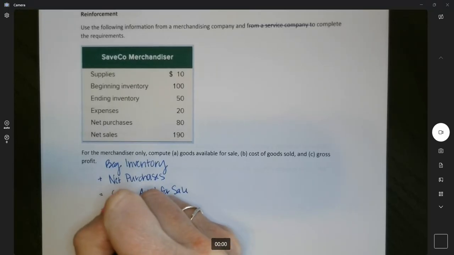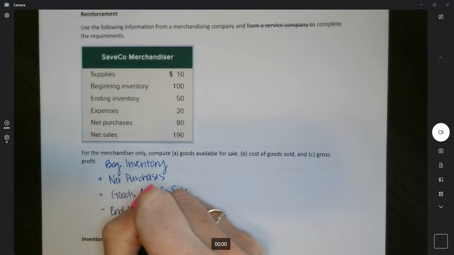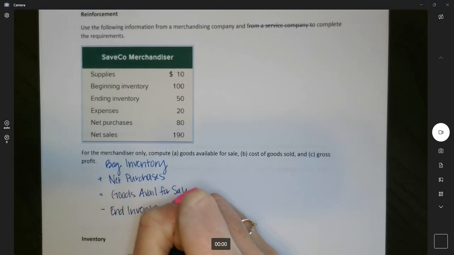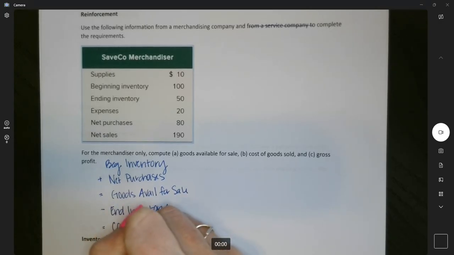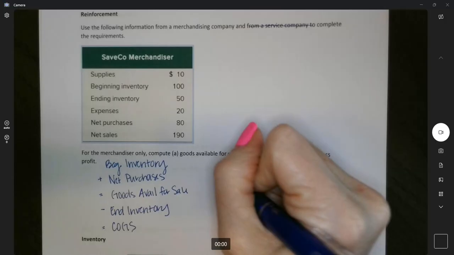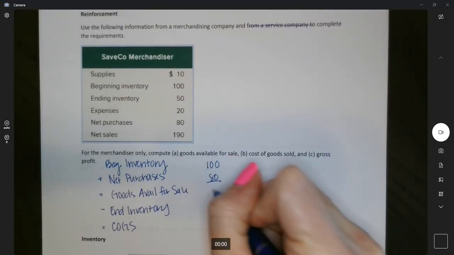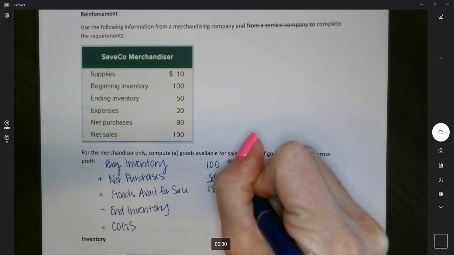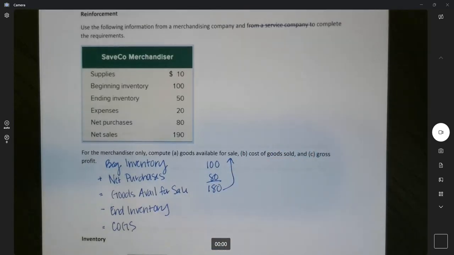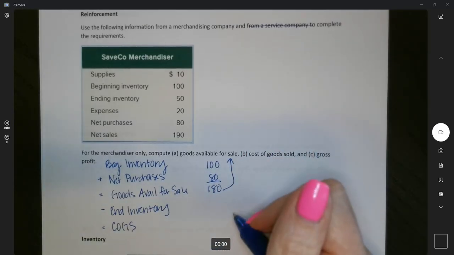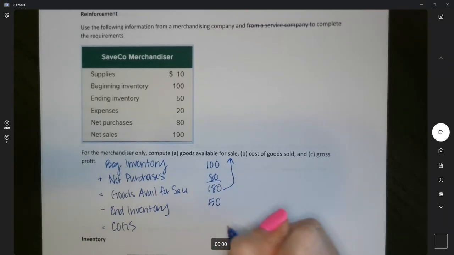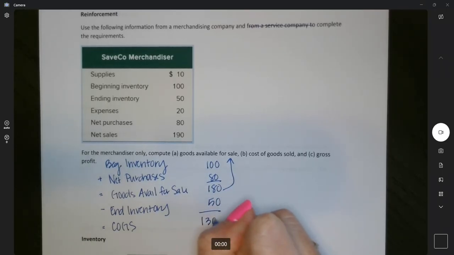After that, we'll subtract out ending inventory. And that's going to give us our cost of goods sold. So beginning inventory was 100, net purchases were 80, so the goods available for sale is 180. Then we subtract out our ending inventory, which was 50, and we get cost of goods sold of 130.